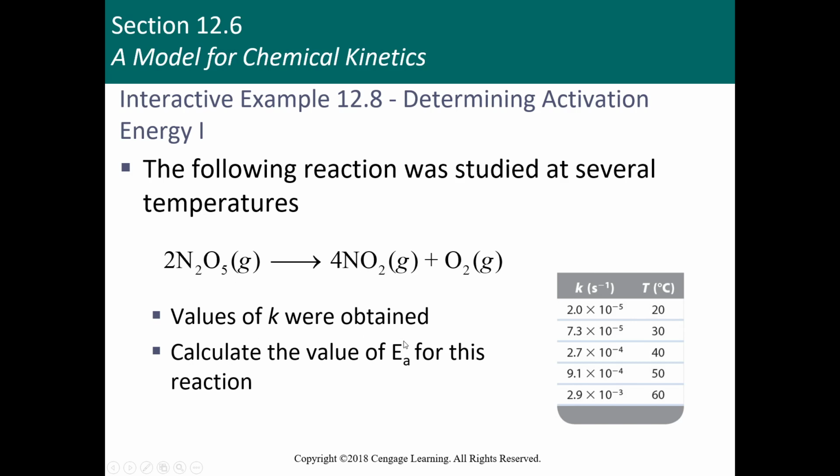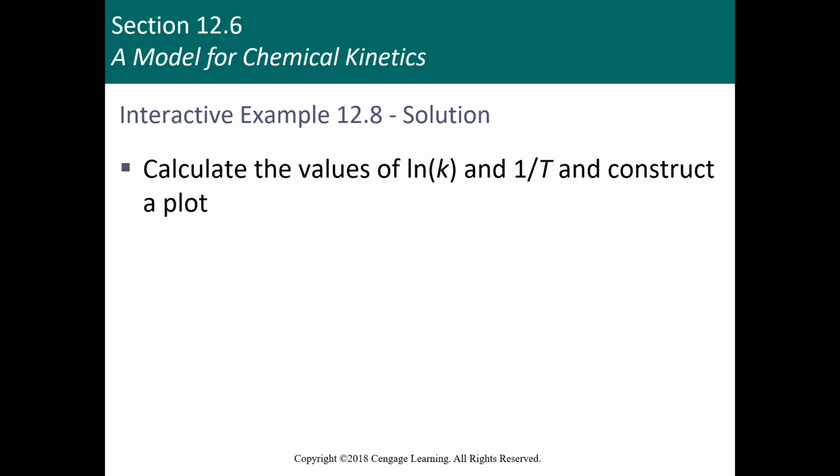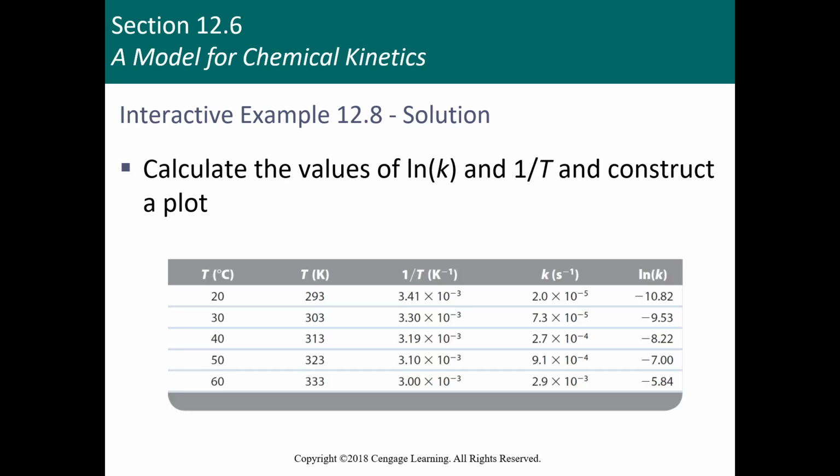So values of k were obtained. Here we see values of k, and here we see temperatures. Let's calculate the value of Ea, or activation energy, for this reaction. You can calculate the values of natural log k and 1 over T. You could then construct a plot like so.